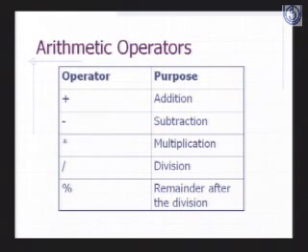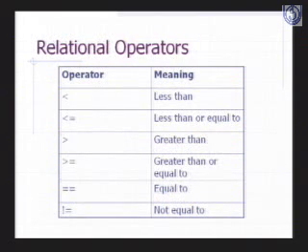Then we have the relational operators like greater than, greater than or equal to, less than, less than or equal to. In order to check the condition that both variables are equal, like A is equal to B, we have the equal to symbol with two equals signs. Then not equal to is there, where we place the exclamation mark followed by the equal to symbol.